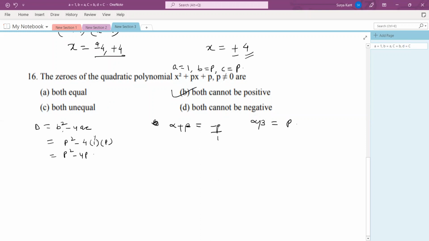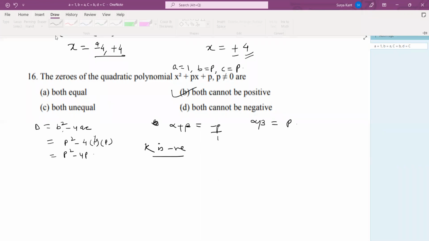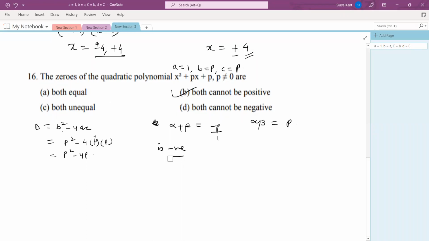Same thing I told, Samarth, they will have to write positive and negative, right? If p is negative, then sum is what? Sum is positive, correct? And product is negative. So one zero will be positive and one will be negative in this case.